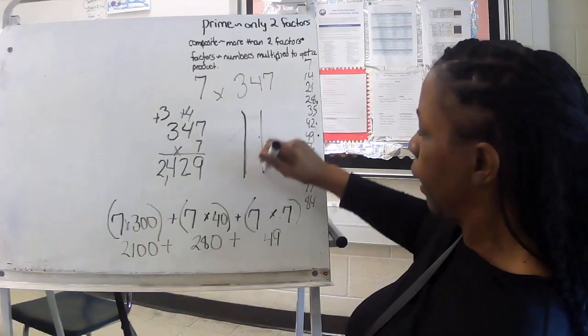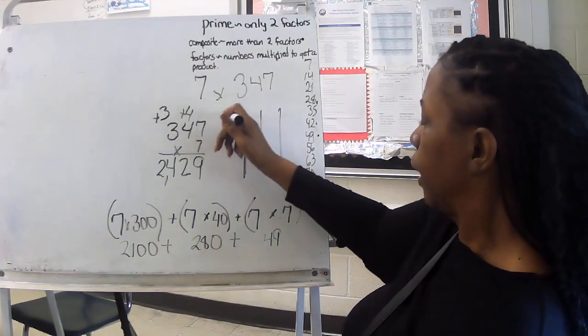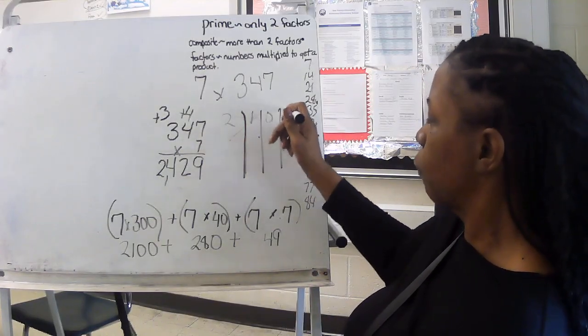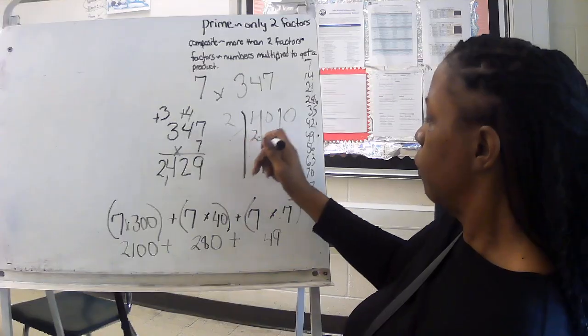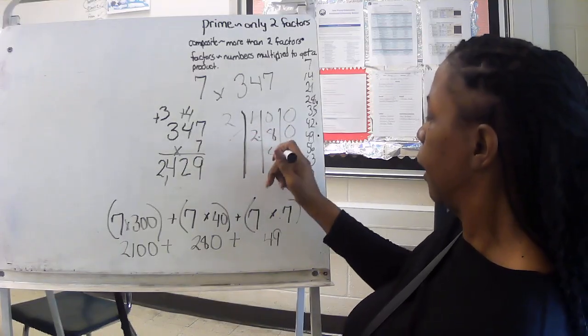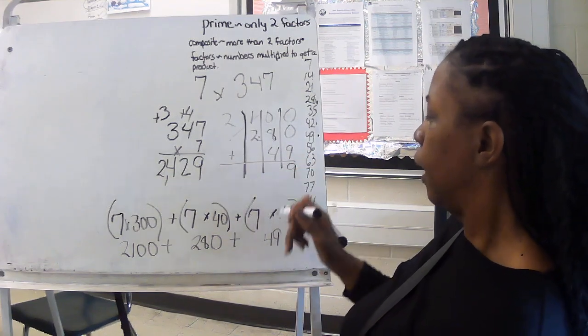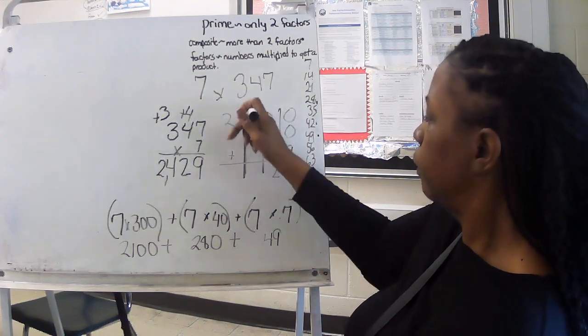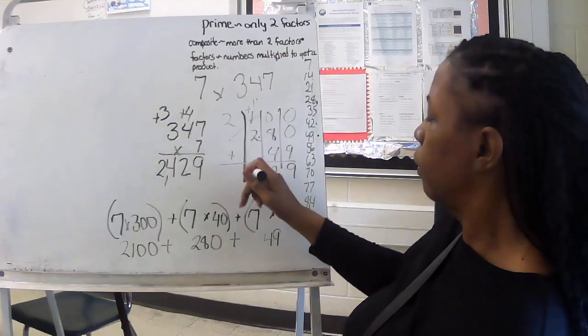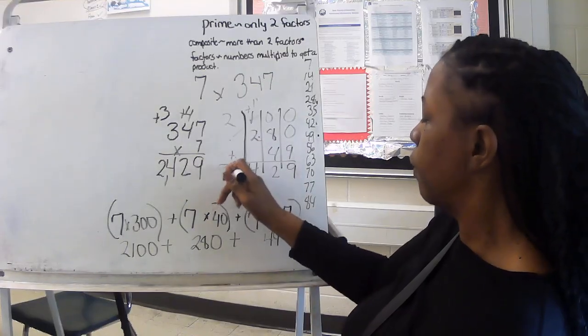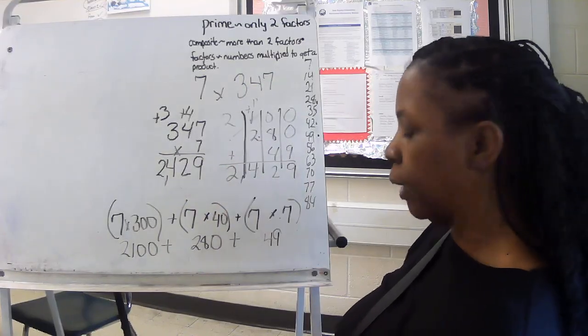Now I want to add that, and I have 2,100. I have 280, and I have 49. So that's 9. 8 plus 4 is 12. 2, 3, 4. 2 plus 0, 2,429.